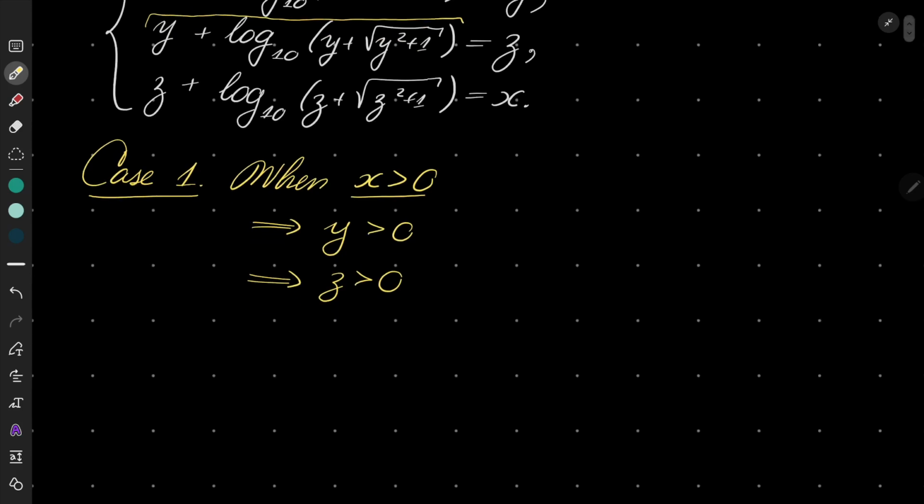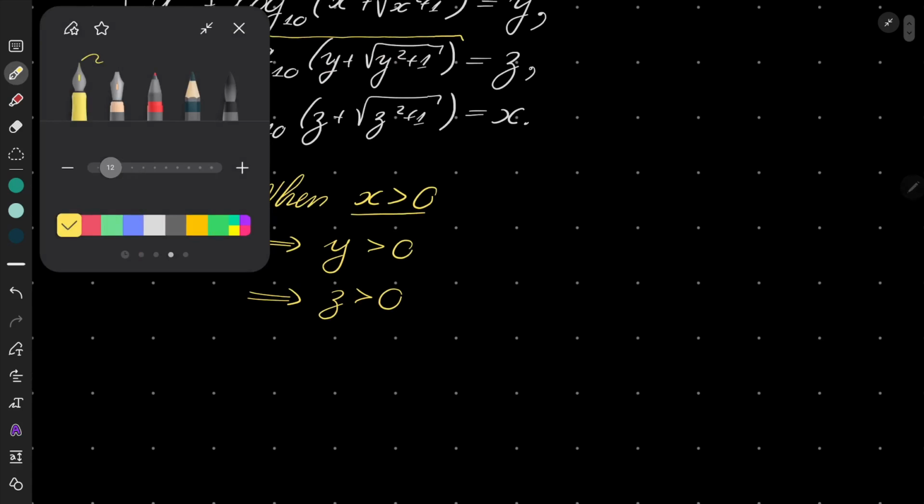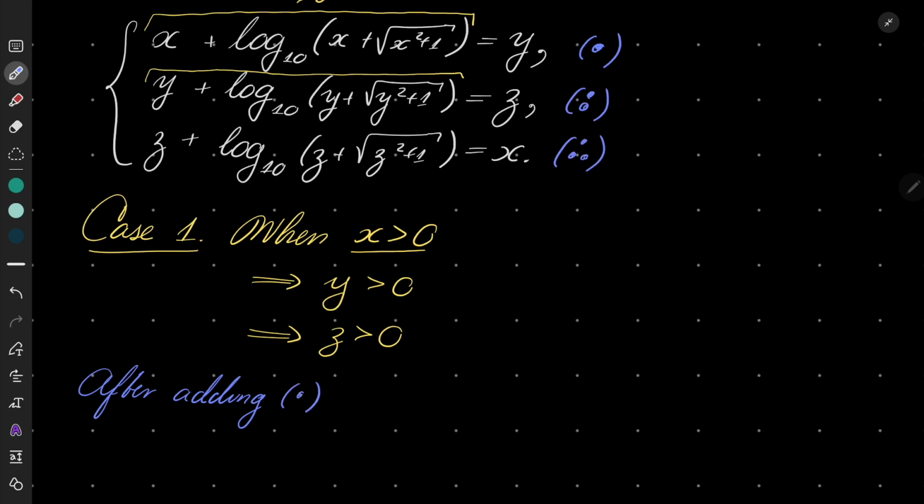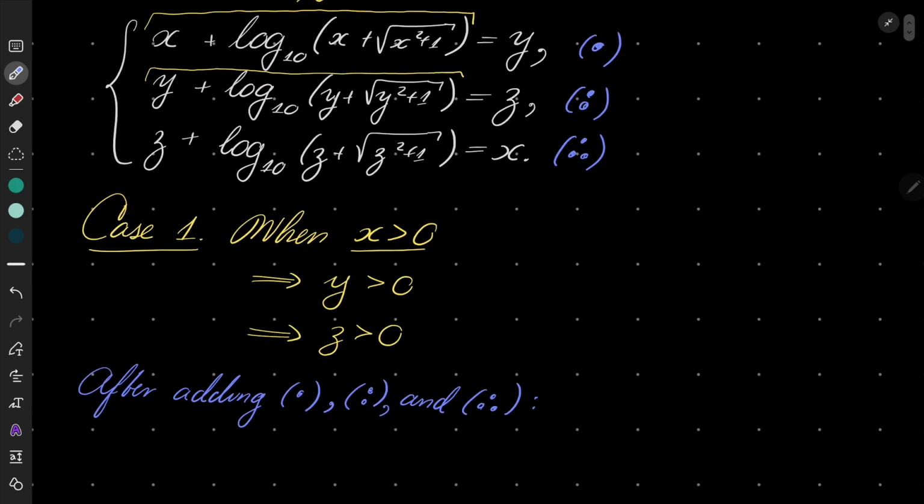Okay, but that means after adding these equations together, we will get the following. After adding together, we will have x, y, and z, and on the right-hand side, we will also have x, y, and z.